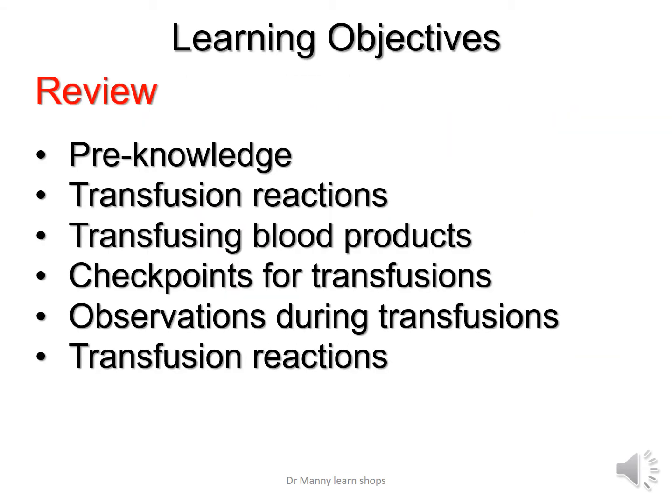The learning objectives for this session are, we'll do a pre-knowledge review again, look at transfusion reactions, transfusing blood products, checkpoints for transfusions, observations that should be made during transfusions, and transfusion reactions that occur and what you would probably do in the event. Now remember, you do follow your specific hospital guidelines because every hospital, healthcare organisation has specific protocols when dealing with all situations.